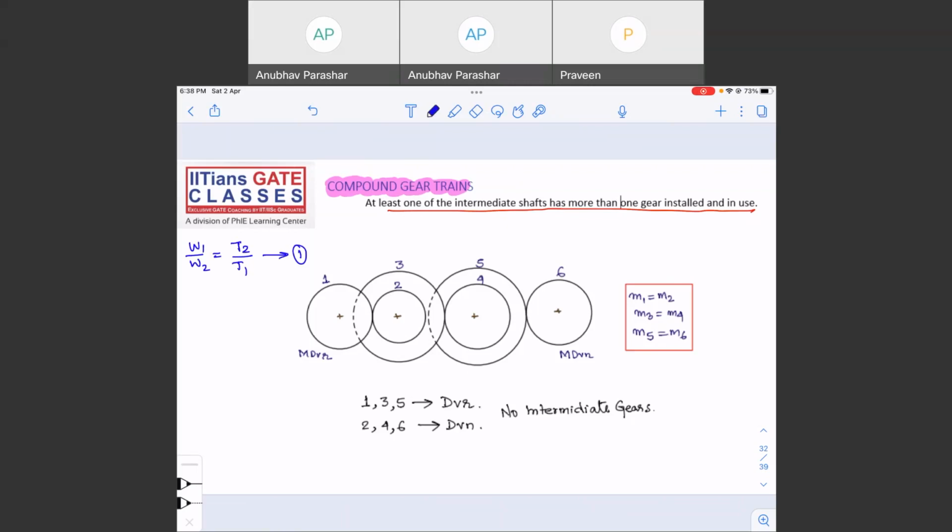Similarly, if I write about 3 and 4, I can write omega 3 by omega 4 is equal to T4 by T3. This is equation number 2. Omega 5 by omega 6, can I write it as T6 by T5? This is equation number 3.